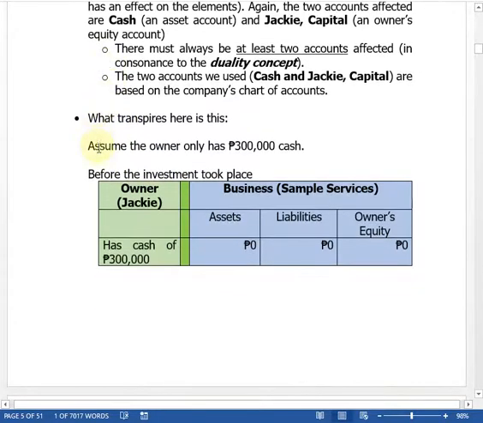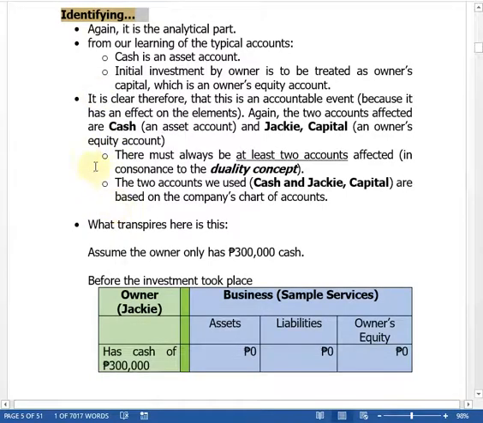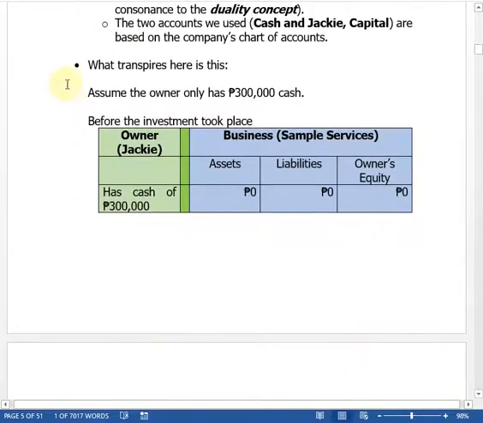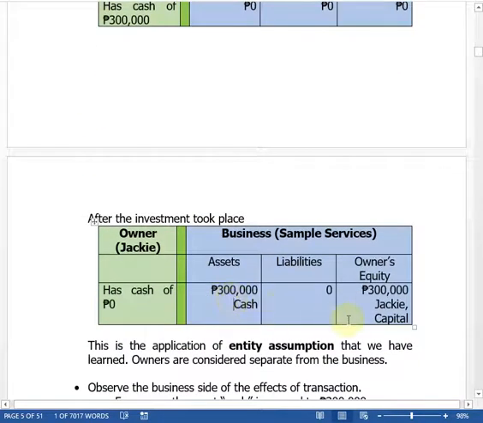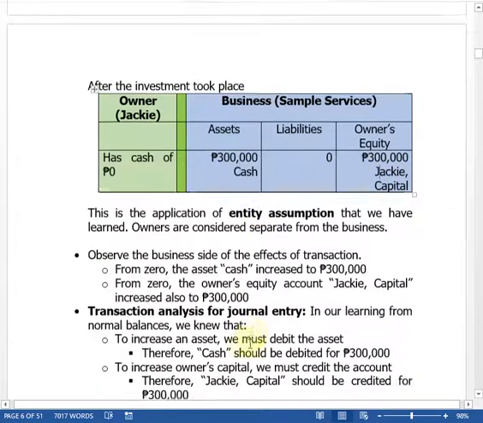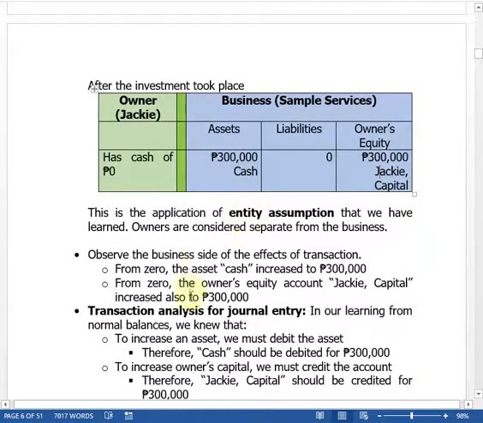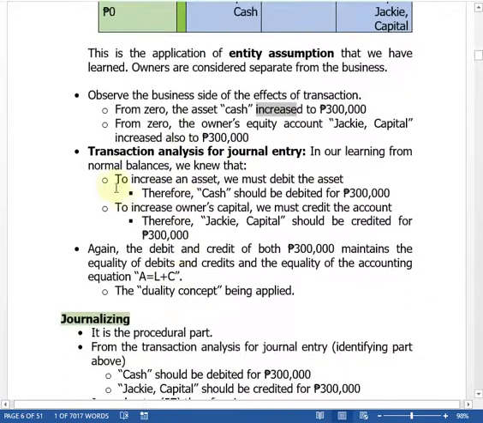And then after the identifying part, we will have to analyze what happened and what accounts are affected, specific accounts like cash and capital, and what happened to the specific accounts, whether they increased or decreased. And then based on the increase or decrease on those accounts, we will apply the concept of normal balances.